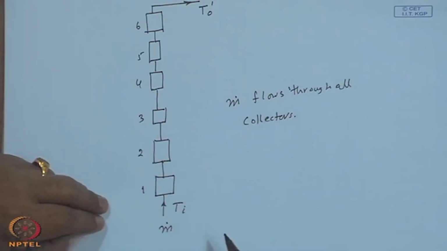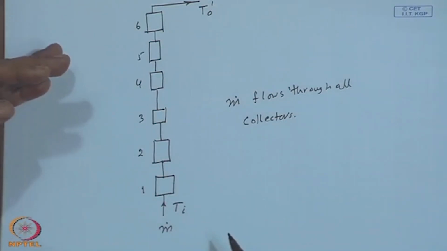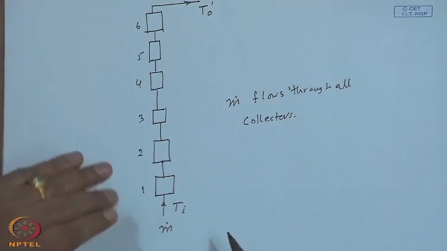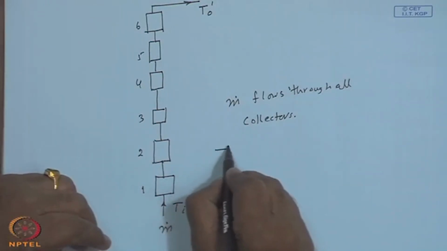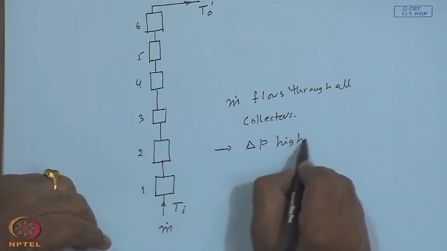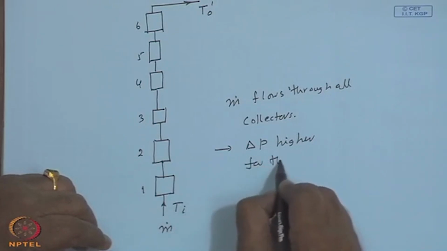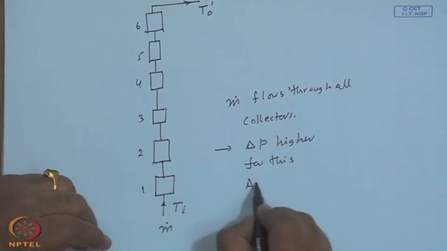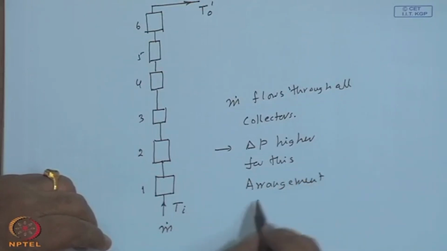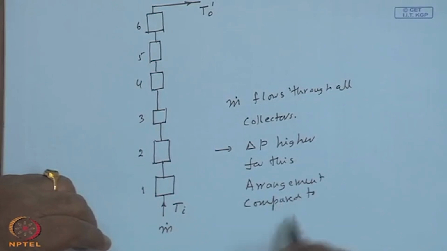So, this has got the advantage of a uniform flow rate, perhaps better maintained through all the collectors, but 6 times the flow rate will be going through each collector. So, I can expect delta P higher in this arrangement compared to a parallel arrangement.